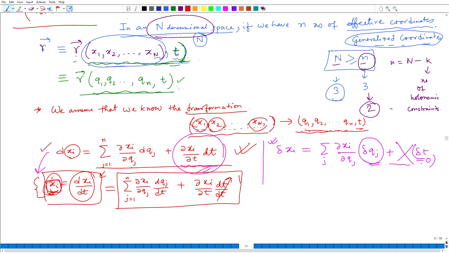From this one I can try to write the most general expression, because now you see that for the Cartesian system I have this component-wise equality.